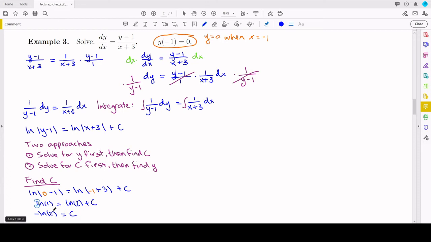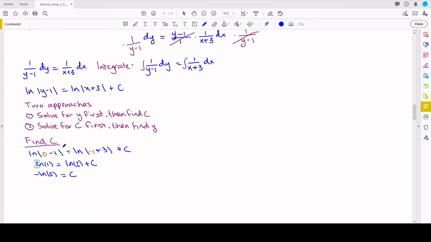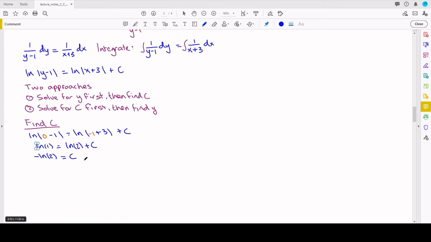So what we're going to do is plug that into our solution here, and then we're going to solve for y. So now we're going to solve for y.